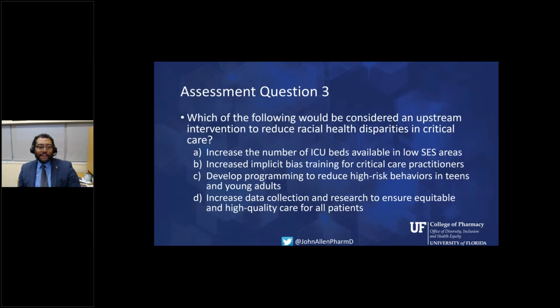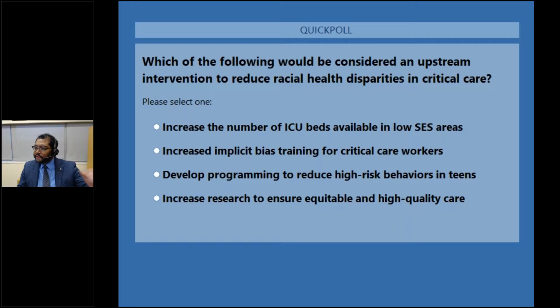And so the last assessment question is, which of the following would be considered an upstream intervention to reduce racial health disparities in critical care? And so let's launch that.